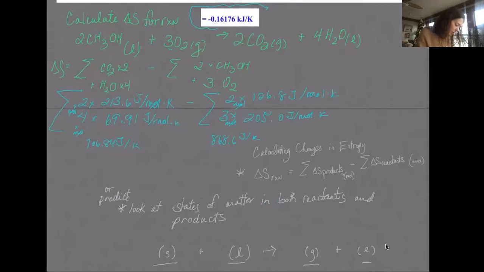Most importantly, I need you to realize that these are joules. We do need to subtract these. 706.84 minus 868.6 equals negative 161.8.